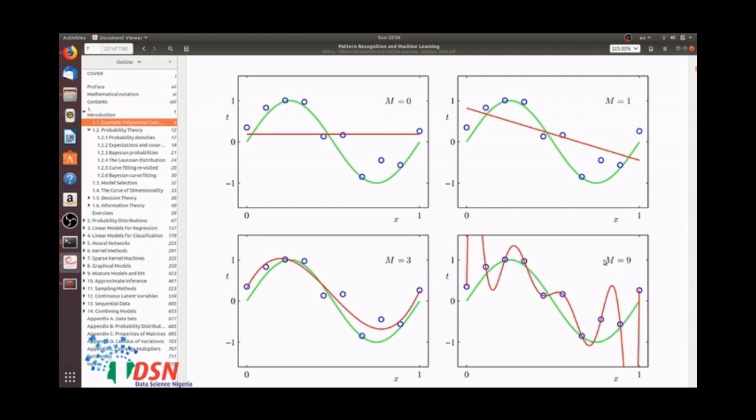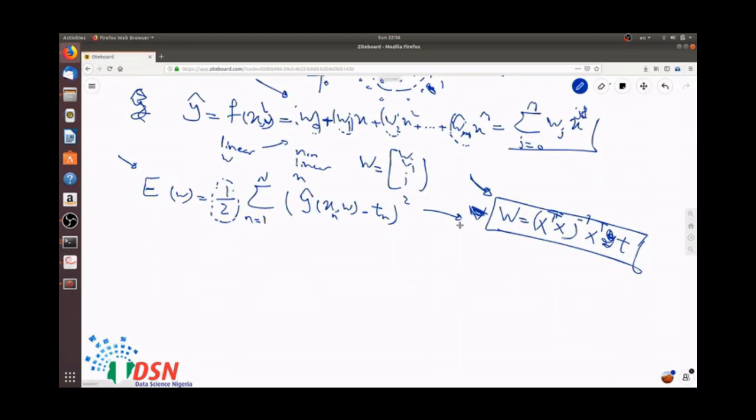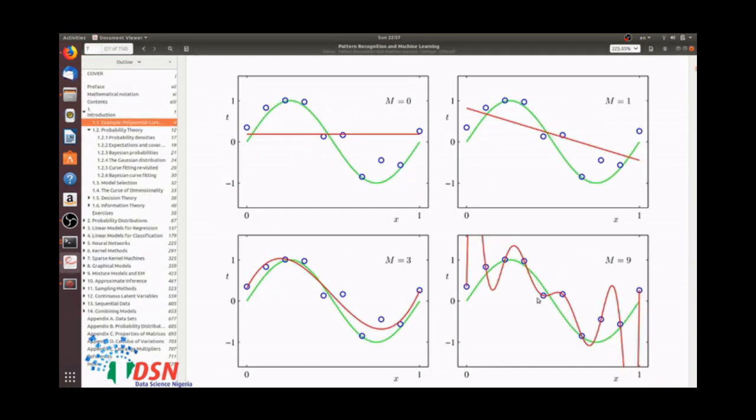In this case, when M is equal to 9, it means that you have a 9th order polynomial. In this case, your machine learning model is something like this, and as you could see in these points, the machine learning model is exactly like the sample data set. So this error is actually 0 for M equal to 9, but the question is, is it a suitable thing?